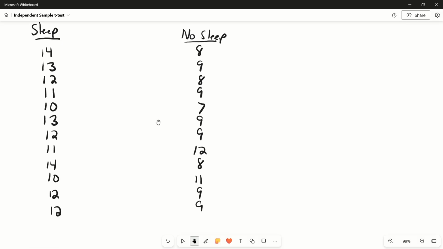Now we want to find the sums of each column and we want to find the means and the degrees of freedom. So I'm going to sum up these columns. First column sums to 144. The second column sums to 108.